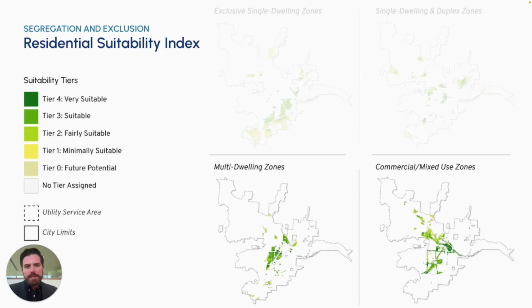And the good news is that many of the areas that rank highly in the suitability index are also zoned for a variety of housing types and for higher density housing. And so that means that there are housing options that are more likely to be affordable to families of lower incomes.